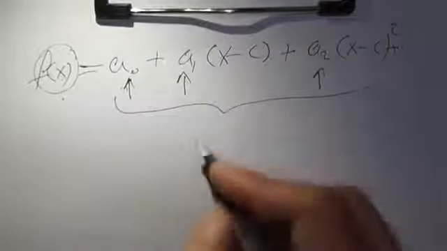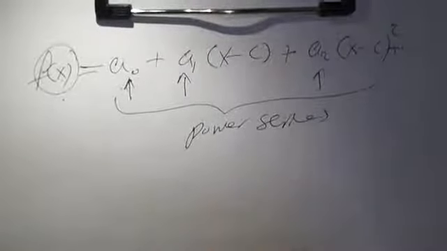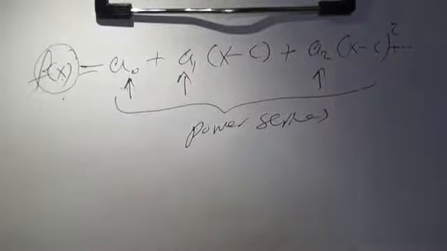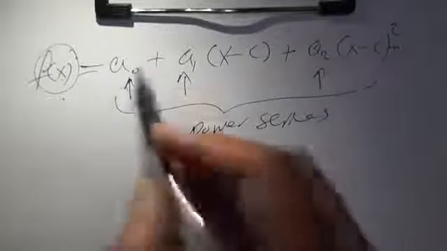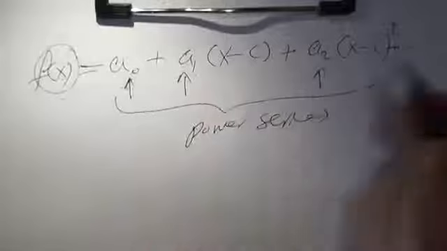This is a power series. كيف يمكن إعادة كتابة فانكشن بدلالة الباور سيريز؟ بنفس الفكرة في الفوريه سيريز احتجنا إلى إيجاد الكوفيشنتس an و bn. الآن في الباور سيريز نحتاج إلى إيجاد المعاملات a0 a1 a2 and so on.